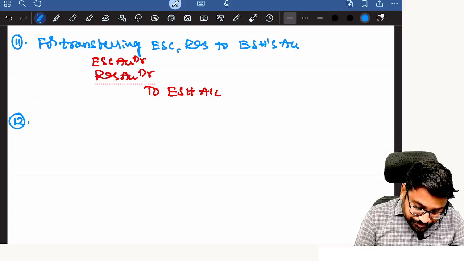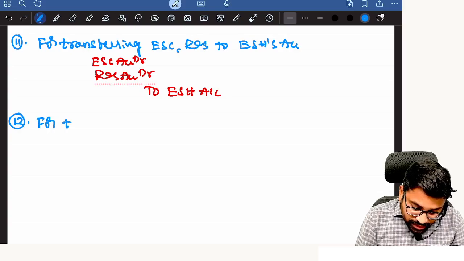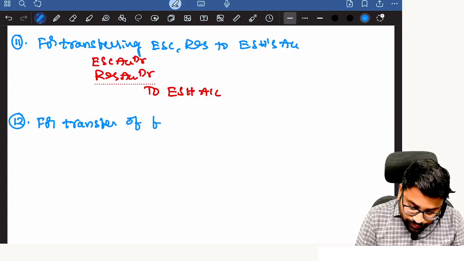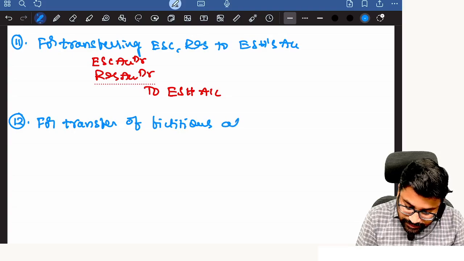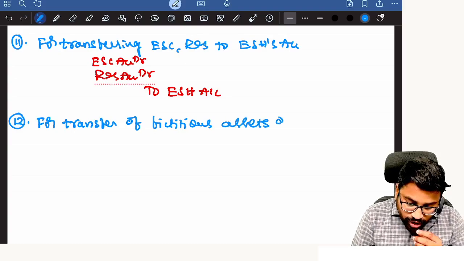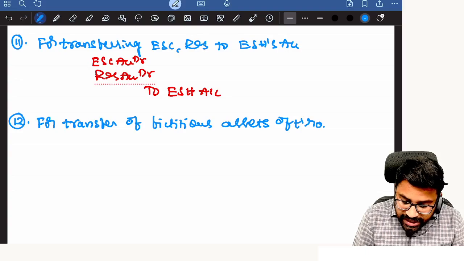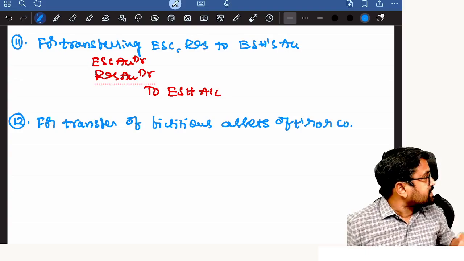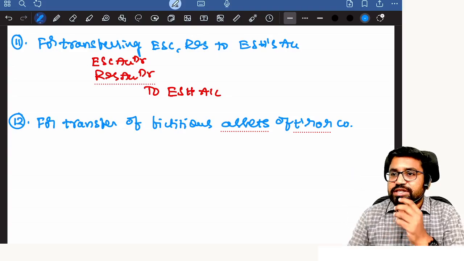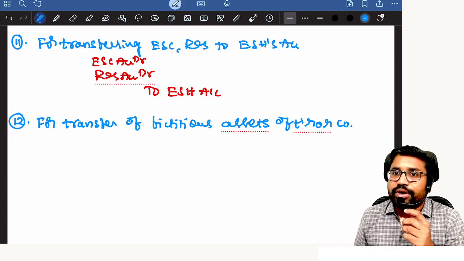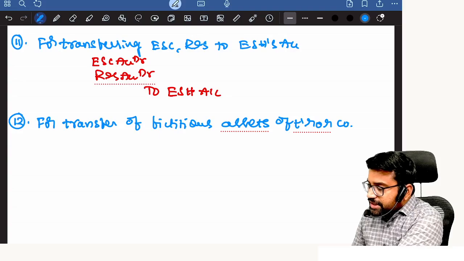Next, for transfer of fictitious assets of the transferor company. Whatever fictitious assets are there in the transferor company will also be adjusted to equity shareholders. So what are the fictitious assets?